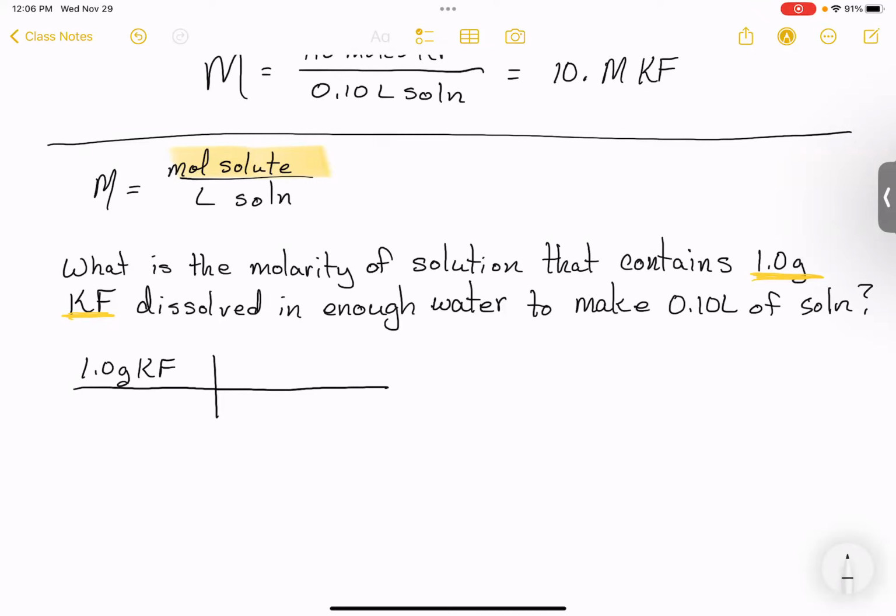Potassium has a mass of 39.10, and fluorine has a mass of 19. So it has a mass of 58.10 grams of KF is equal to 1 mole of KF. So 1 divided by 58.1 is going to be 0.0172 moles of KF.